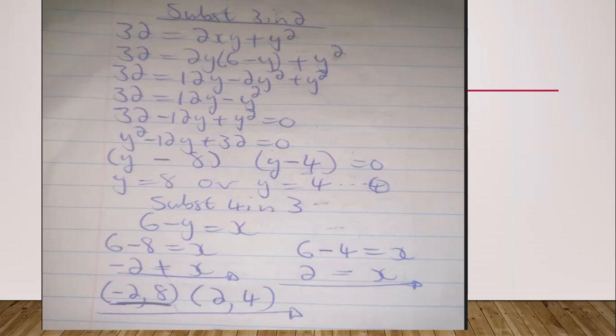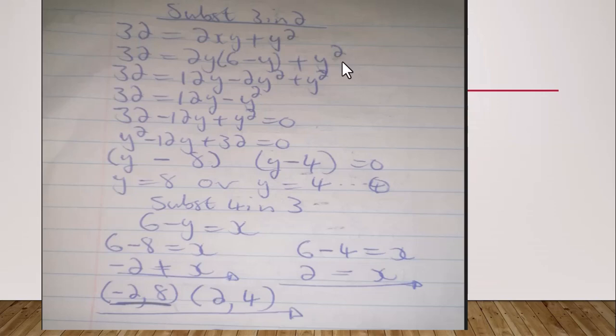Please be careful. This is just to rearrange here. It's multiplication. The order does not matter. So I have my 2y where I see x. And then I have 32 equals, by distribution, 12y minus 2y squared plus y squared. And then 32 equals 12y minus y squared.